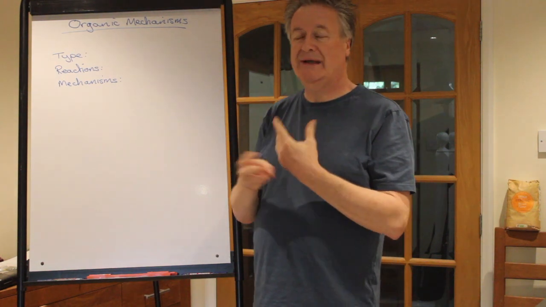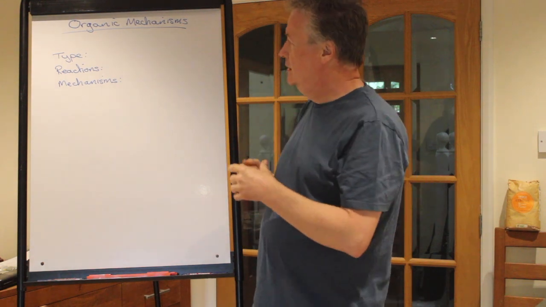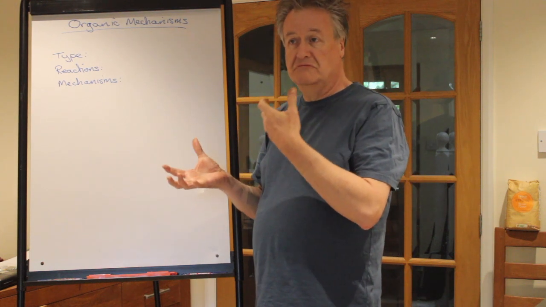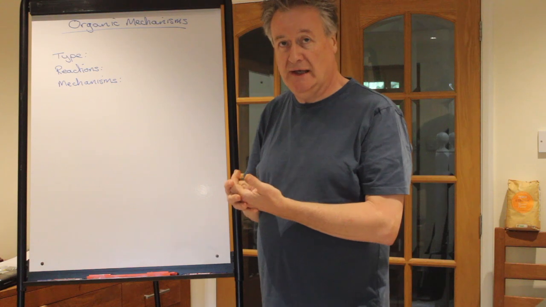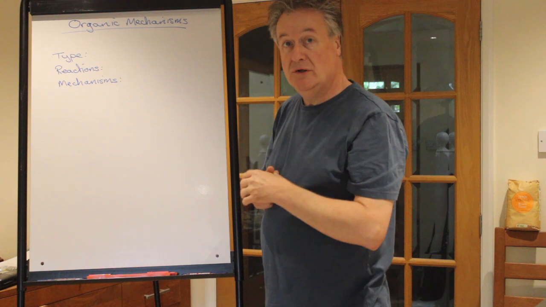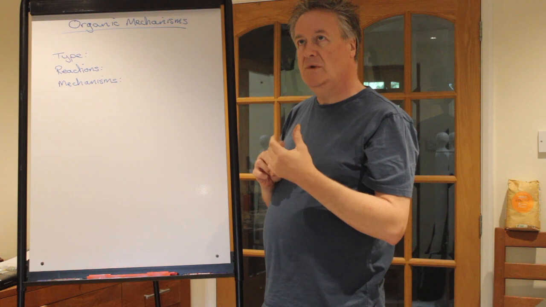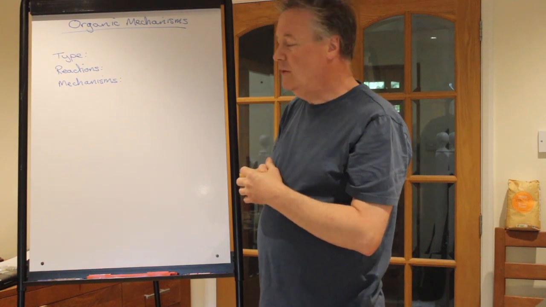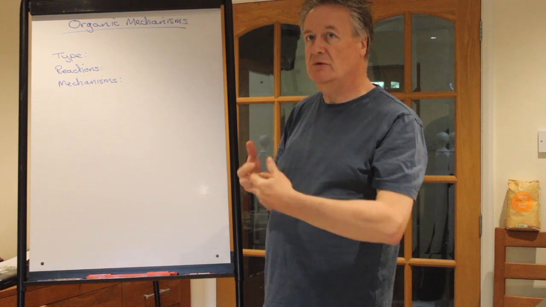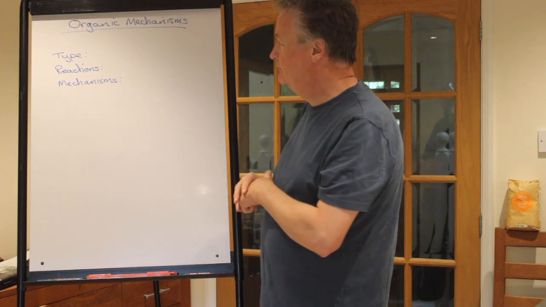To me, organic chemistry, there are three things you need to be able to do successfully. First one is the type of chemical you've got and therefore the name that it has. If you can do that, that's one of the three skill sets. So that's the first one, type, which includes naming. Then there's the sometimes quite overwhelming reactions and the reagents that you need to know to convert organic chemicals from one type to another, change the functional group.